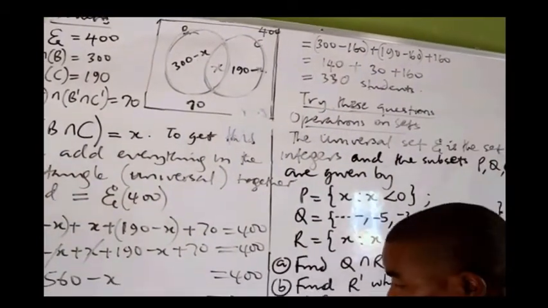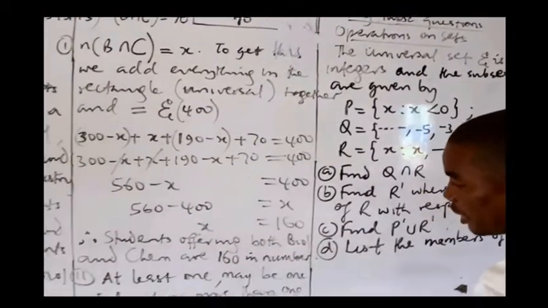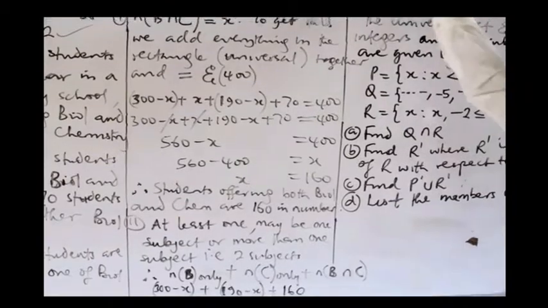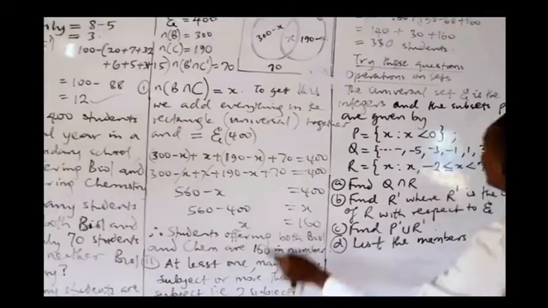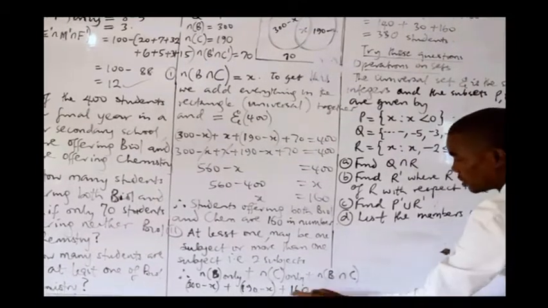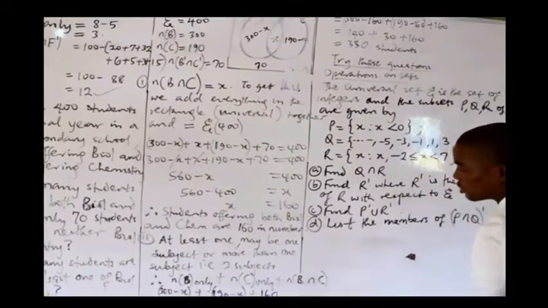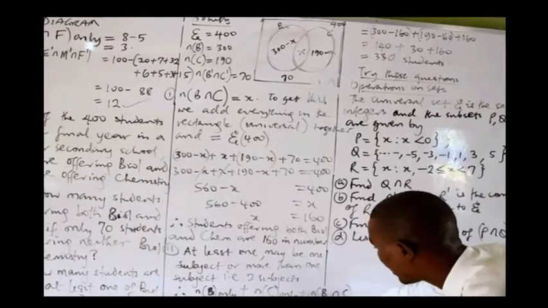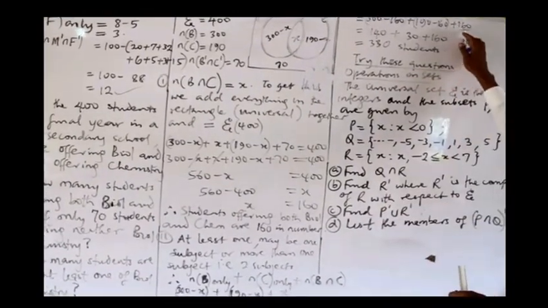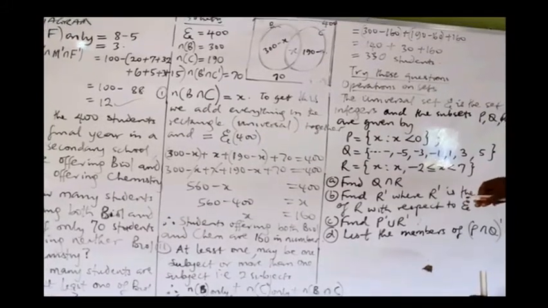Adding the three together, we got this. Thank God, we've got X before. Just substitute for X. Wherever you see X, you put 160. That was how I got this. Then plus these people that are doing both. Let me represent it by X, then substitute 160 for it, since we have got it before.